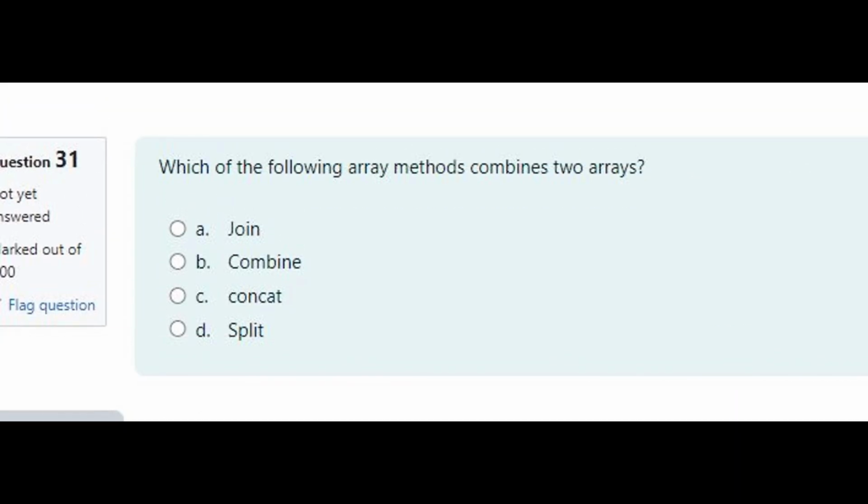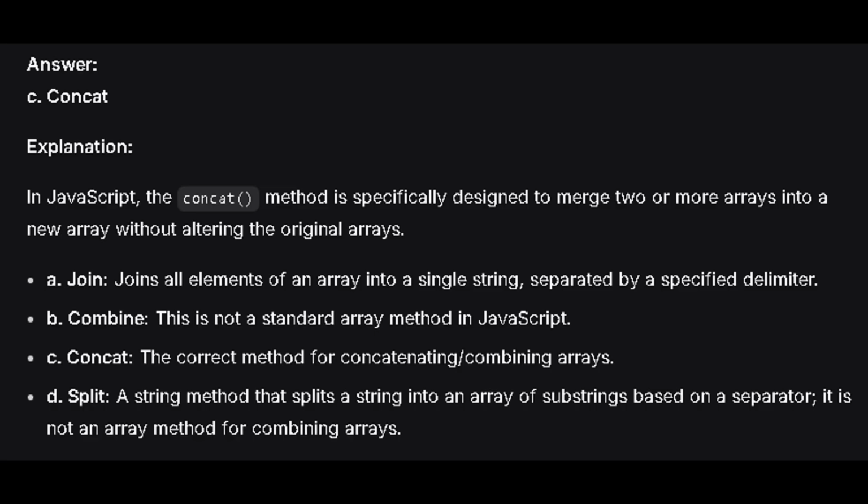Which of the following array methods is used to combine two or more arrays? A. Join, B. Combine, C. Concat, D. Split. Answer. C. Concat. Explanation. In JavaScript, the concat method is specifically designed to merge two or more arrays into a new array without altering the original arrays.